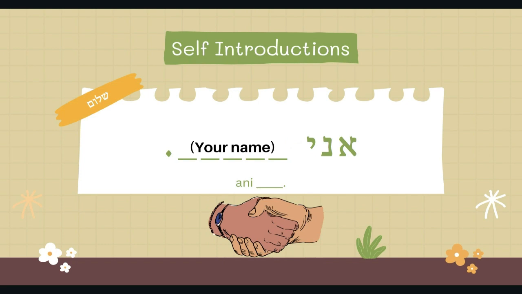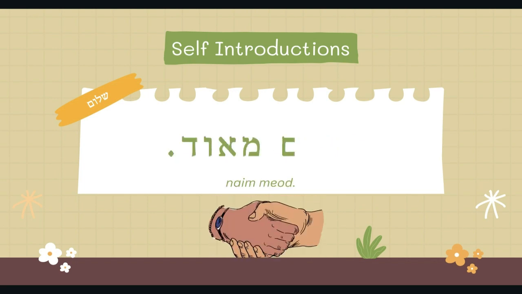So let's practice. Ani. We learned earlier that ani means I. So if I wanted to say my name is Shmira or I am Shmira, I would say ani Shmira. So you try it. Say ani and add your name. Metsuyan, excellent.